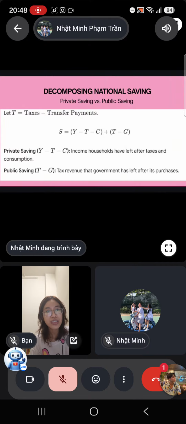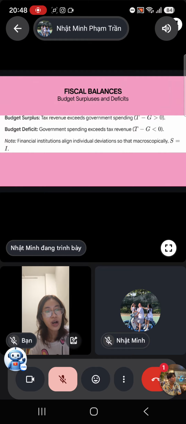This decomposition defines fiscal position. A budget surplus occurs when tax revenue exceeds government spending.